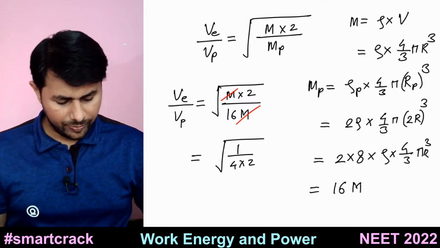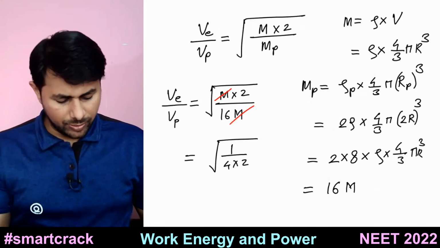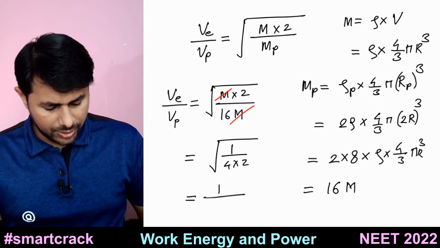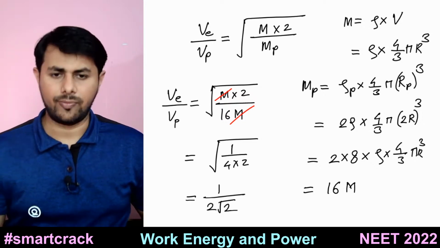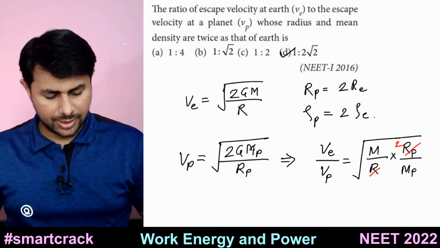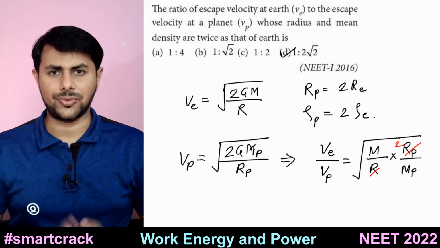Square root of 4, let's check the options. Okay, so square root of 4 is 2, so it will be 1 over 2 root 2, right? So option D is the answer. What is the ratio? 1 is to 2 root 2 is the ratio.